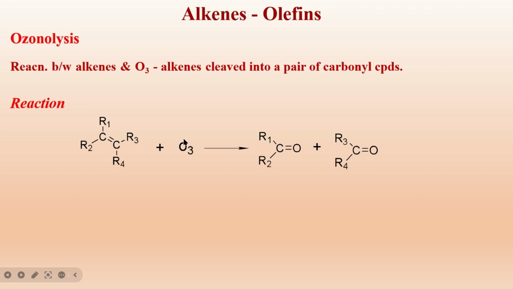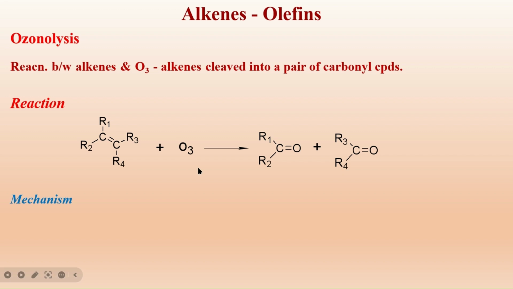The ozonolysis is followed by reductive cleavage. Ozonolysis, we do, should be followed by reduction of the formed product with a reducing agent like zinc and acetic acid or dimethyl sulfide. Ozonolysis, when it is followed by reductive cleavage, gives rise to carbonyl compounds. What is the mechanism behind this?